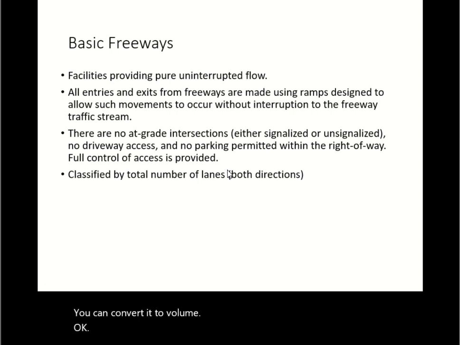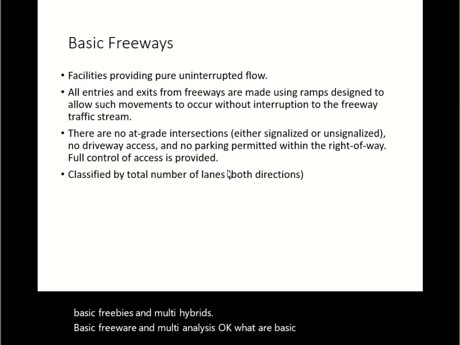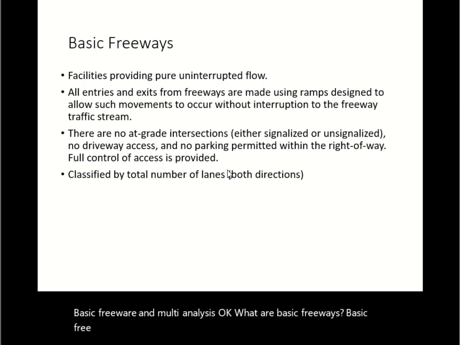In this chapter, we will discuss two types of uninterrupted flow facilities: basic freeways and multi-lane highways. What are basic freeways? Basic freeways are those highways which do not have any intersections, so they are pure uninterrupted flow facilities.